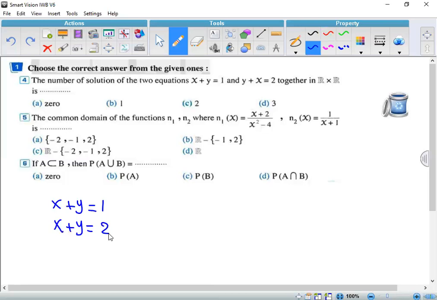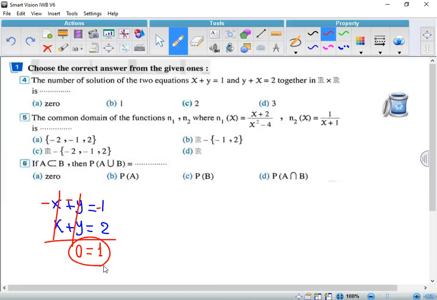If we multiply the first by negative 1, it will be negative x minus y equals negative 1. By summing the two equations, we note that the variables are deleted. Then 0 equals 1. This is impossible.